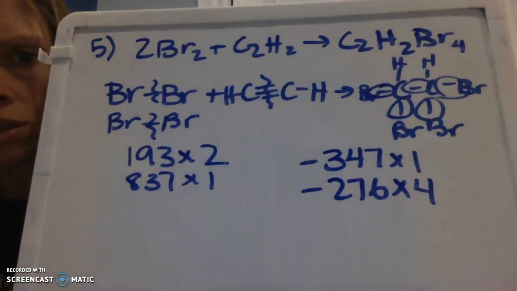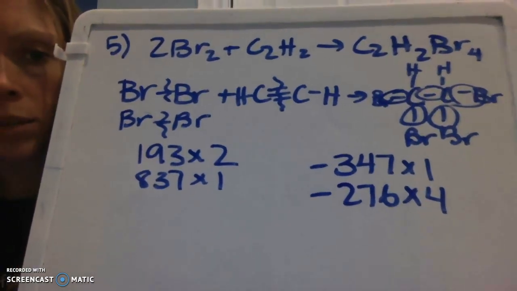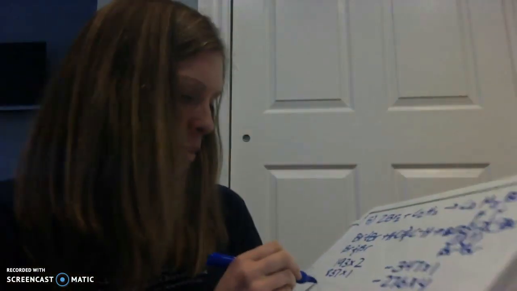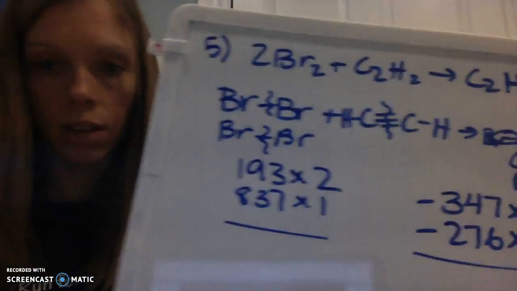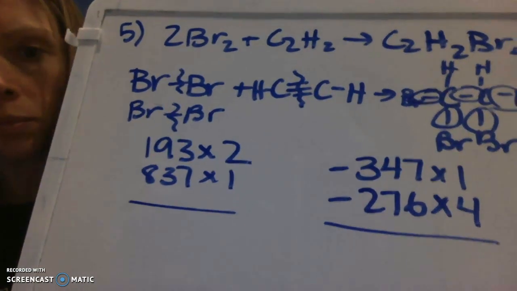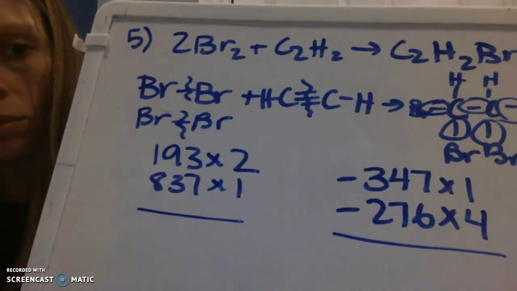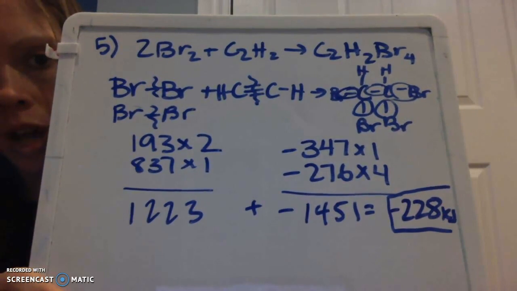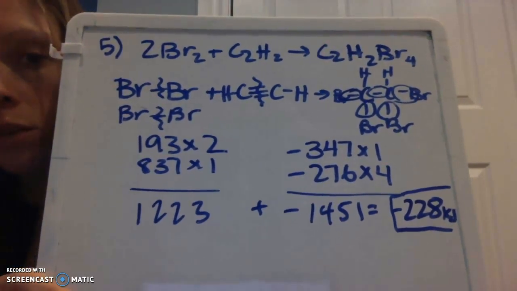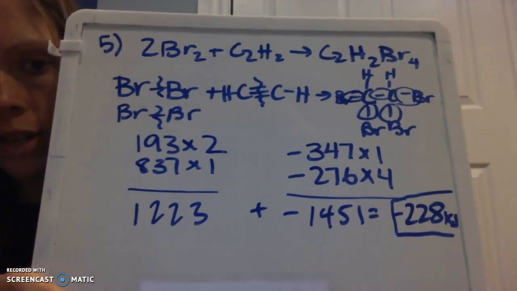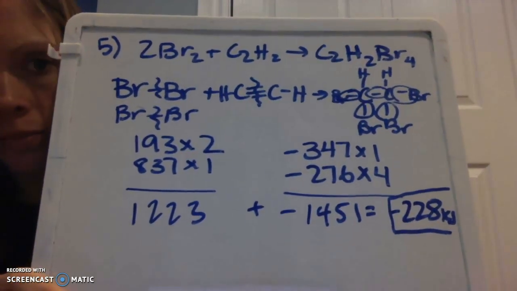There you go. So now we just add these up. Bonds broken plus negative bonds formed, and that's going to give me my answer. Okay, so when I do all this out, that's what you get. Again, I'll give you the Lewis structure, and then you can do the rest.